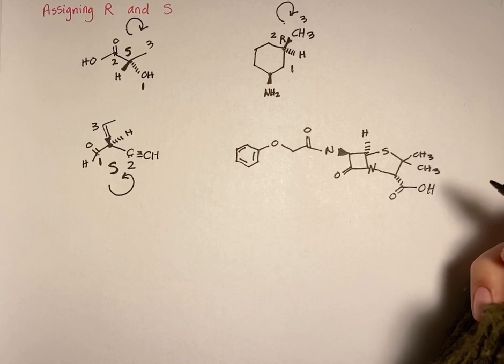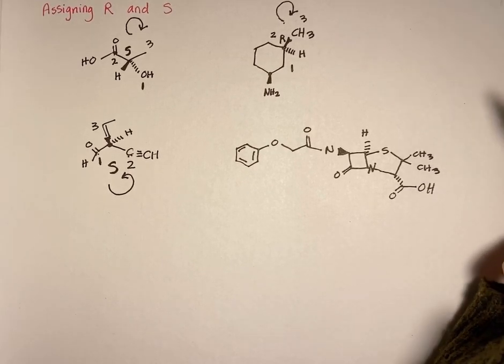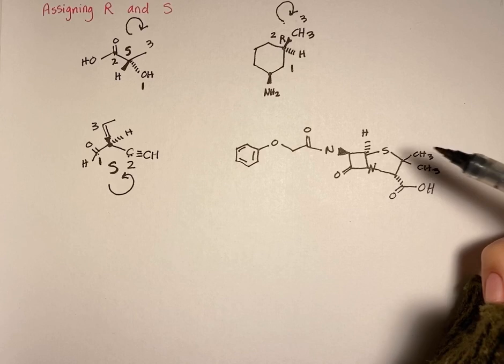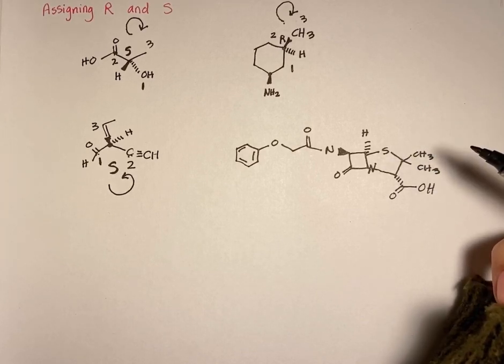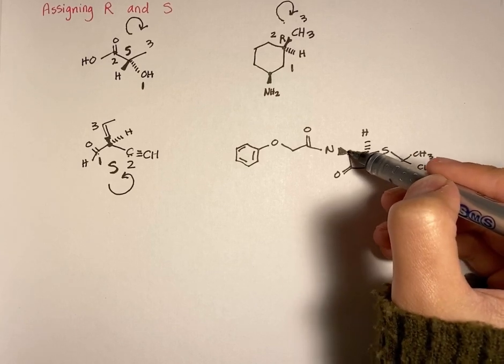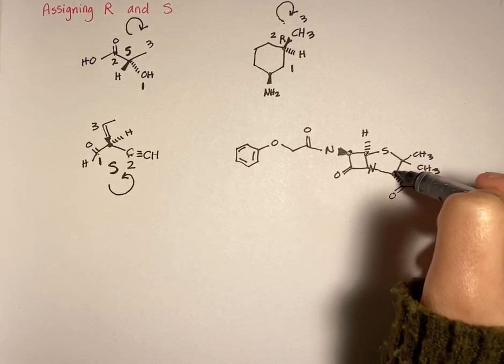Okay, so as a practice, you can go ahead and determine this. You can pause the video here and determine the stereogenic centers. I'm going to tell you that penicillin has 3 stereogenic centers, here, here, and here.